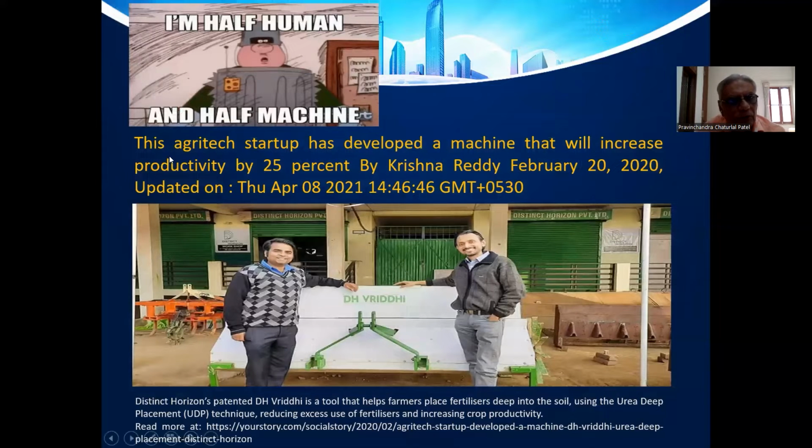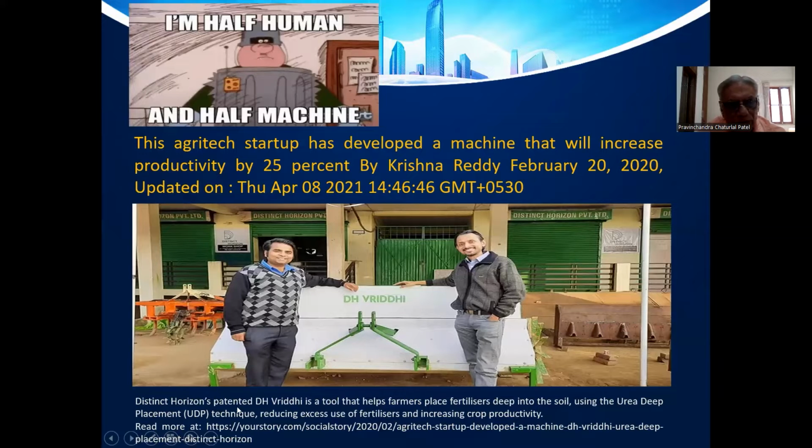So this agri-tech startup has developed a machine that will increase productivity by 25%, by Krishna Reddy, February 2020, updated on Thursday, August 2021. So here you can see they have developed the machine to apply the urea displacement.